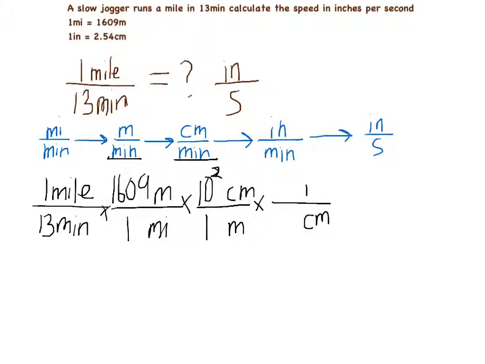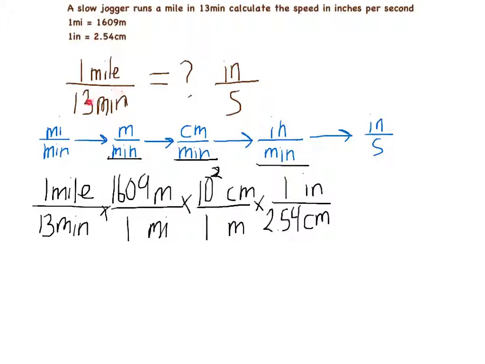Centimeters at the bottom, wanted to cancel out, inches at the top. Now based on this conversion factor they gave us up here, in 1 inch there's 2.54 centimeters. So we are now here in the plan. Alright, so looking good. So we have inches per minute. The numerator was successfully converted into inches. That's what we wanted right here.